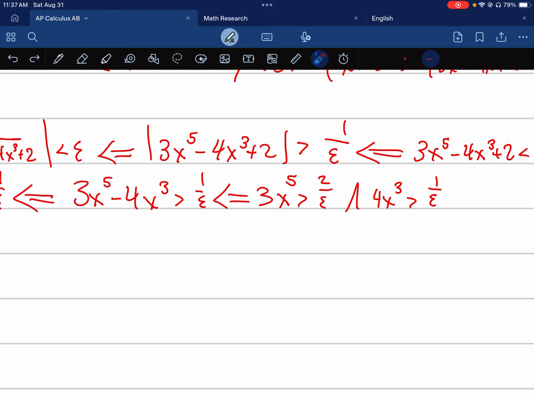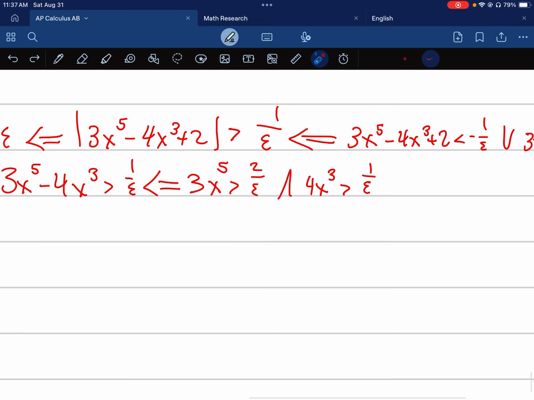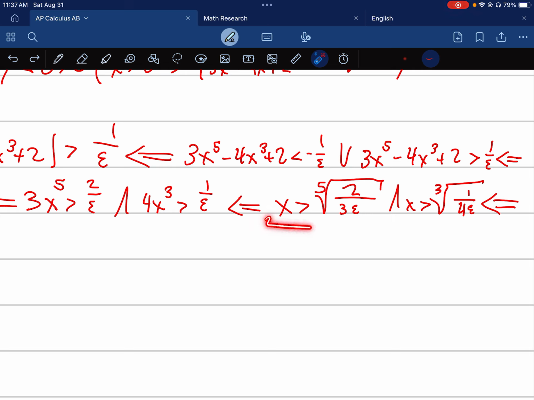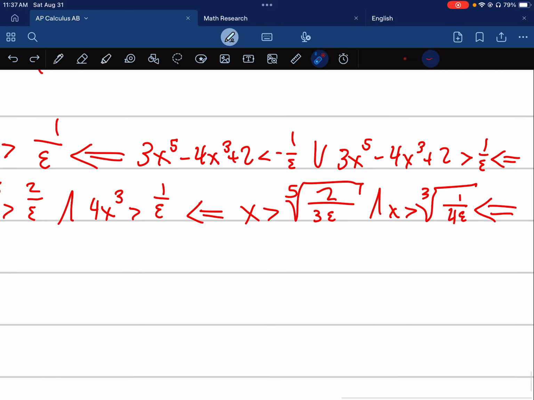So let's try that. So both of these have to be true, 2 over epsilon, 1 over epsilon. We just have to find that this minus that is 1 over epsilon. We could choose anything, 3 epsilon and then 2, 5, 4. We're just going to choose the easiest example, 2 minus 1. So we're going to isolate our x here. x is greater than this, x is greater than this, if this and this is true, which is implied by, remember, we talked about how the minimum and maximum functions kind of work.